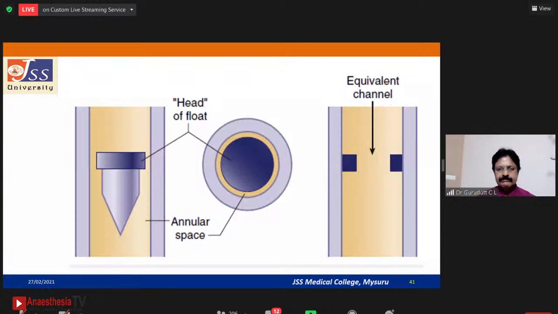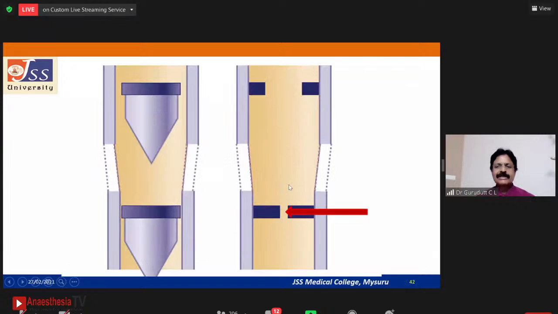Again, I was talking about the annular space. If you combine the annular space on either side, what you get is an equivalent channel. This is the area available for the gas to flow. Why this is important: for the lower flows, the equivalent space is much less in breadth when compared to the length.